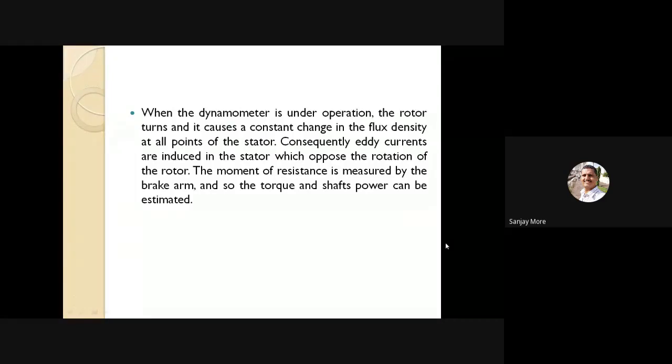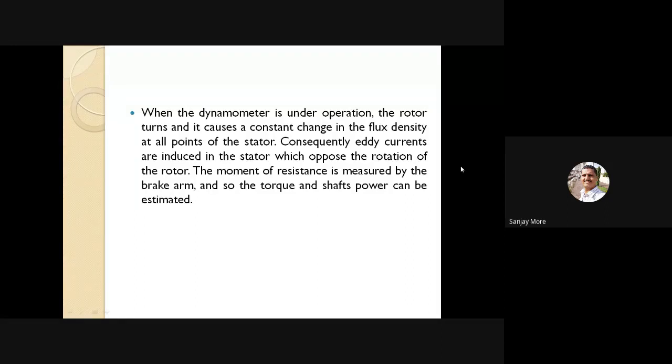Then when the dynamometer is under operation, the rotor turns and it causes a constant change in the flux density at all points of the stator. Consequently, eddy currents are induced in the stator, which oppose the rotation of the rotor. The movement of resistance is measured by the brake arm, and so the torque and shaft power can be estimated.